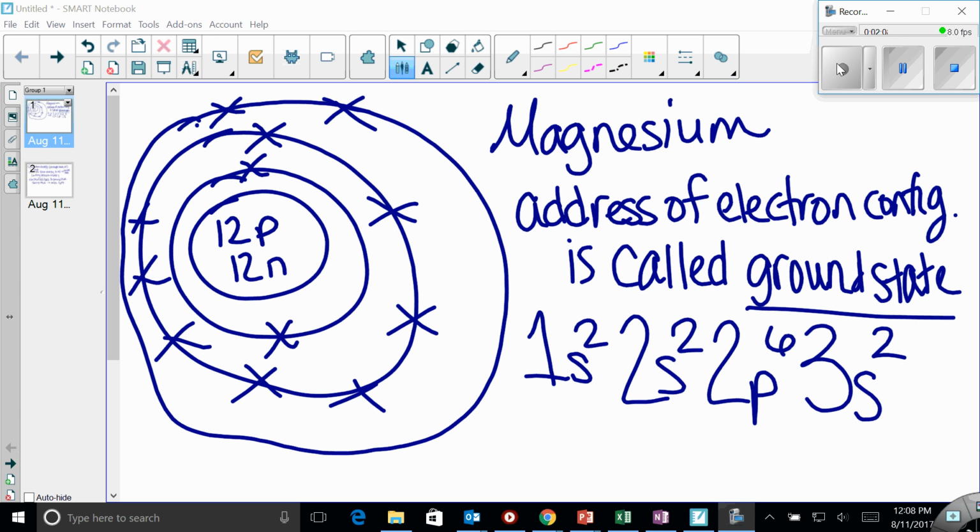Electrons do the same thing. They get excited. They go up to what's called excited state. But what electrons do you think can move? Which ones can move? The valence. Which ones are the valence in this case? The 2, right? The ones way out here. So the valence electrons move. They go up to what's called excited state.